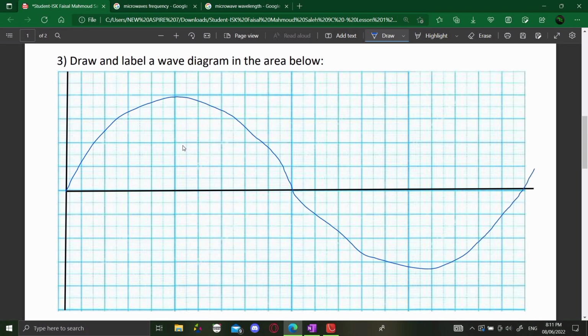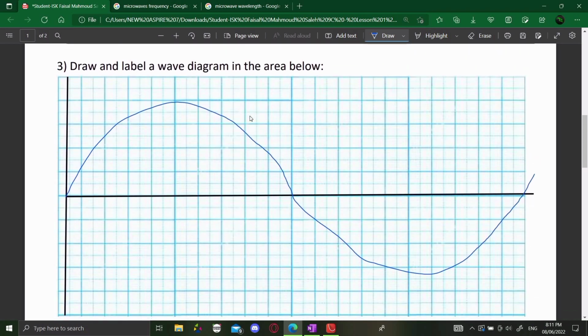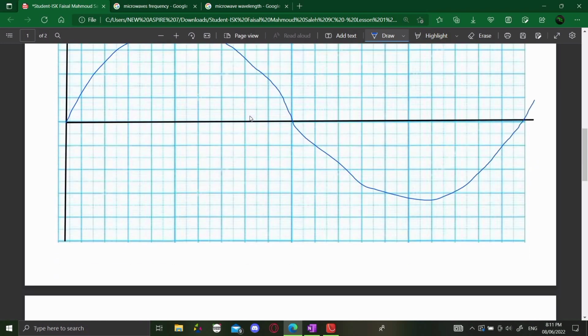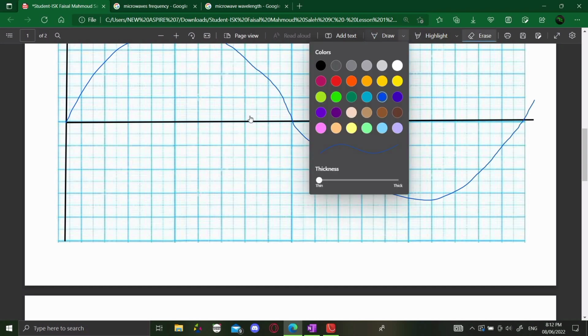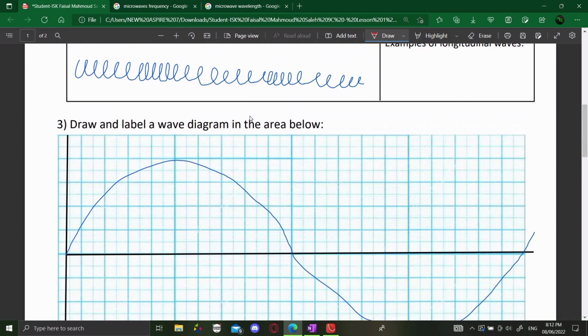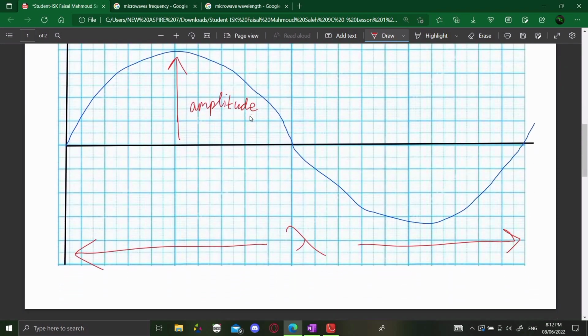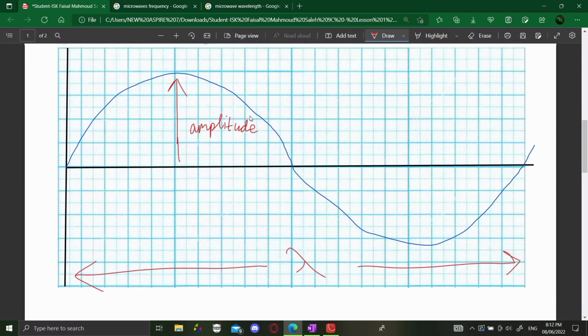It is pretty hard with this drawing tablet, but as you can see, this is one complete cycle of that wave, which means this whole thing is one wavelength, and this is your amplitude. And that's about it.